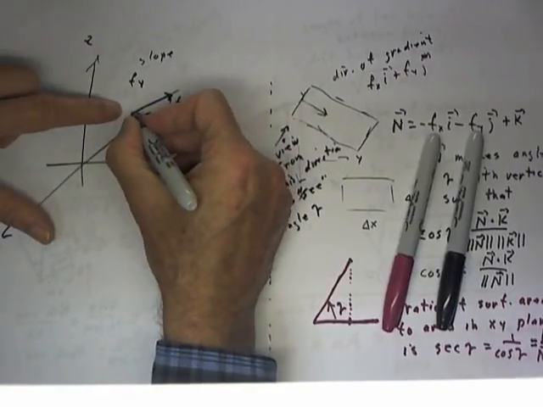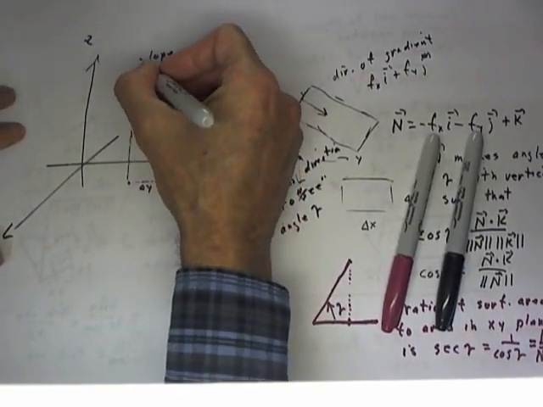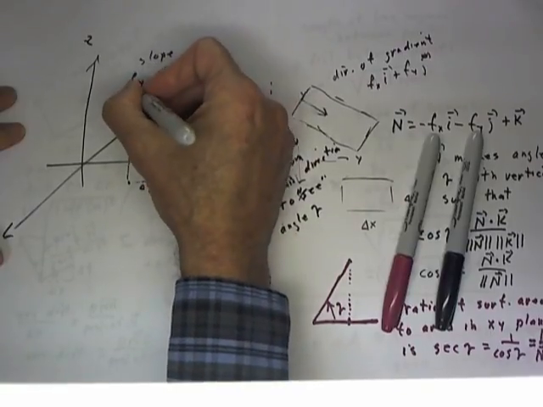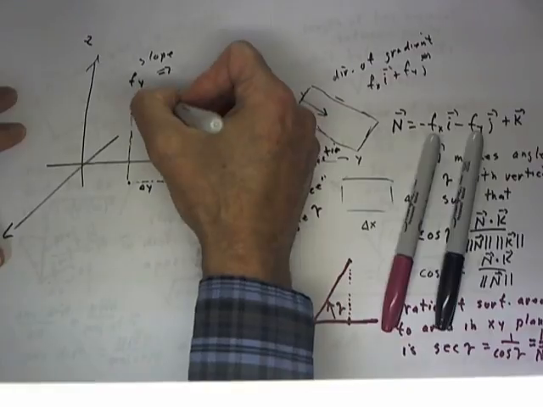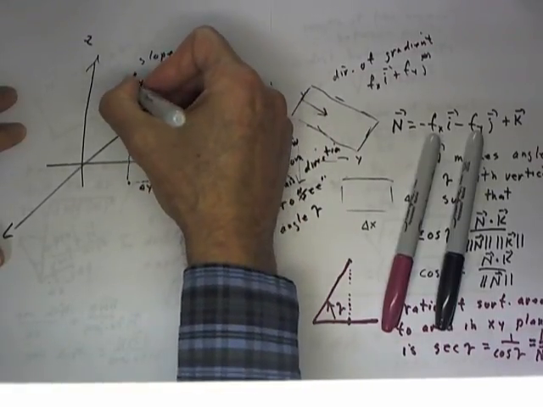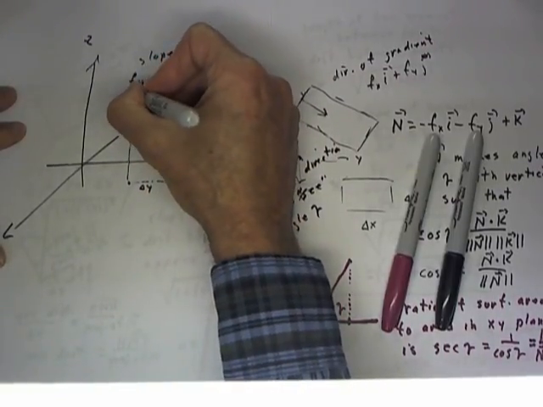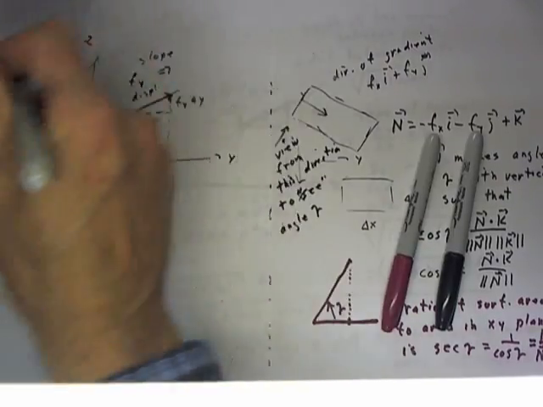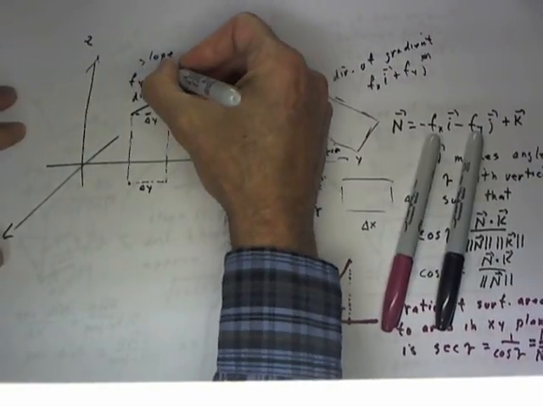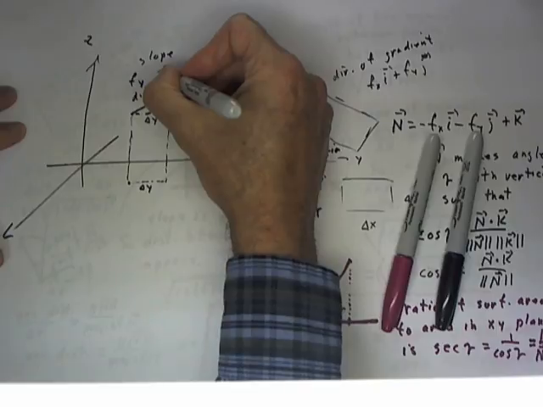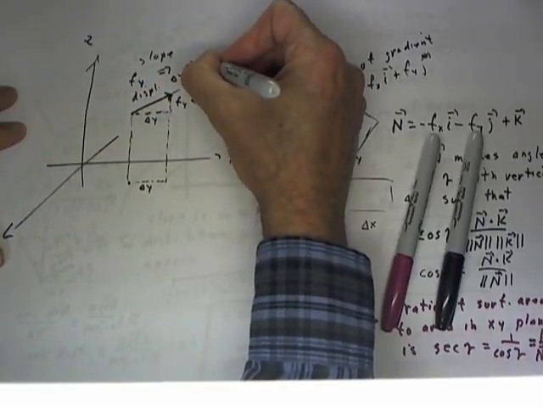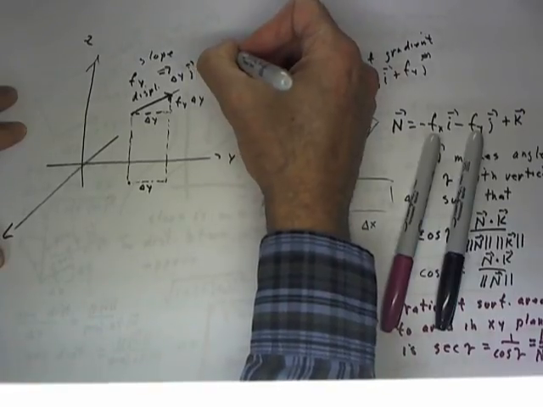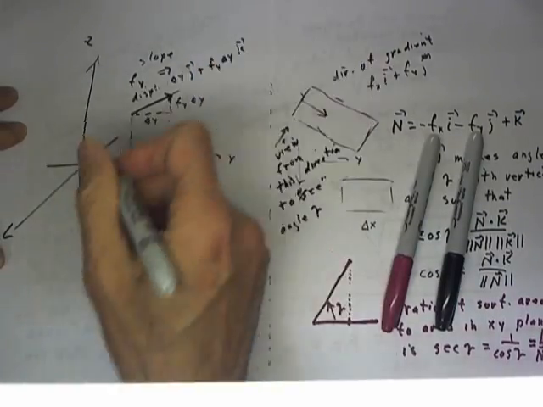representing the change from here to here, this vector has to be j times delta y plus k times Fy delta y. So this implies a displacement vector, careful here, delta y j plus Fy delta y k.